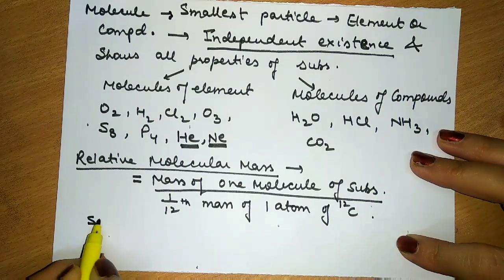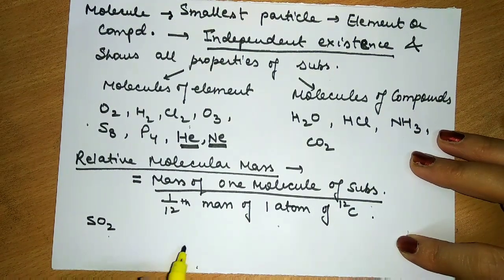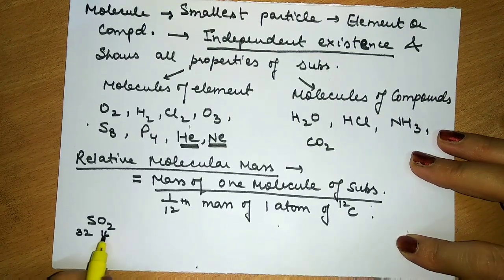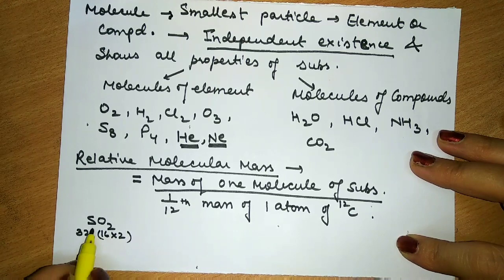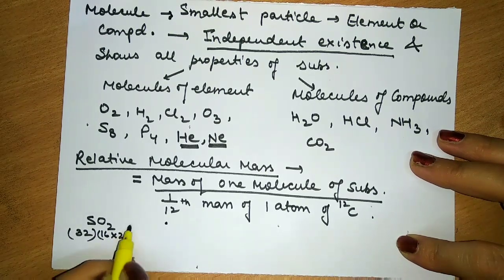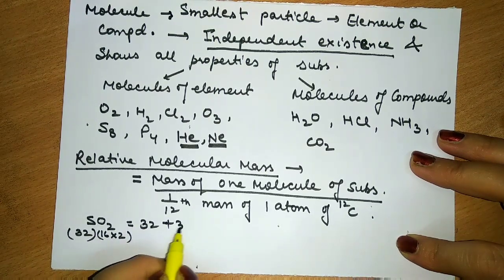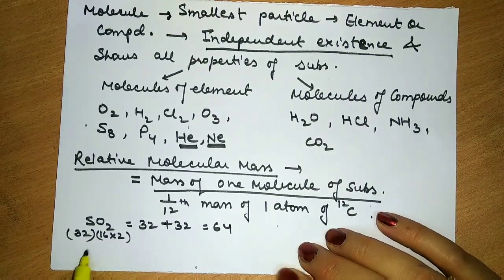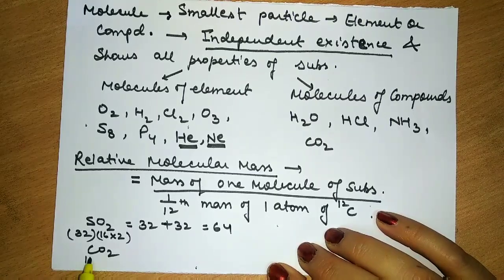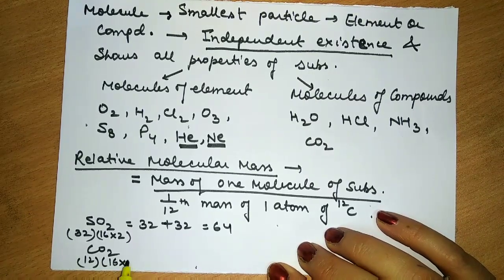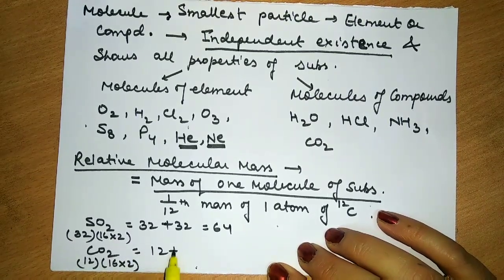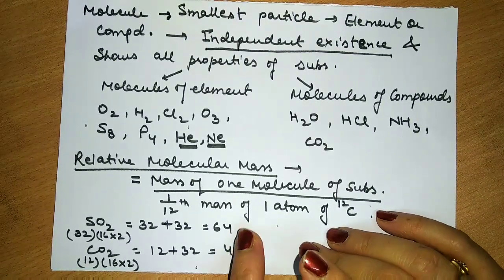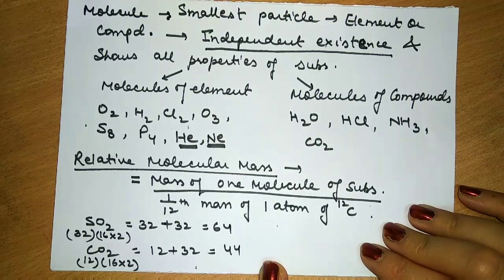Suppose I ask you what is the molecular mass of SO2. If I know the atomic mass of sulfur is 32 unit, for oxygen is 16 unit, so 16 into 2 plus 32, that makes 32 plus 32, 64. If I ask you to find the molar mass of CO2, so for carbon it is 12, for oxygen it is 16 into 2, so it is 12 plus 32 and I get it as 44. So am I supposed to write unit or gram?